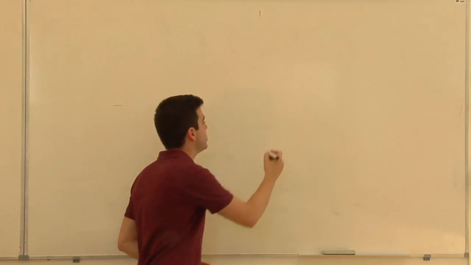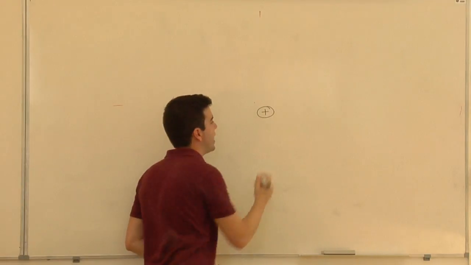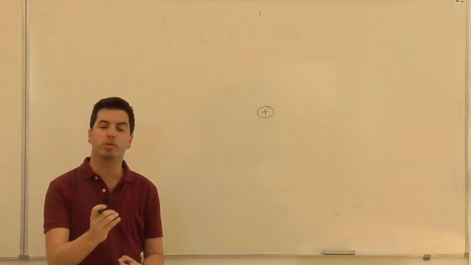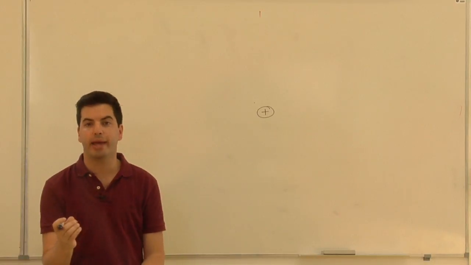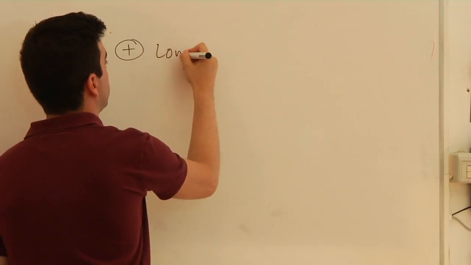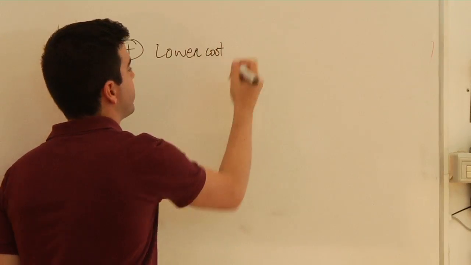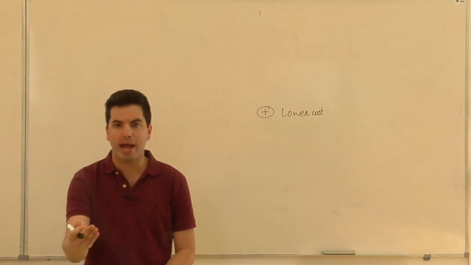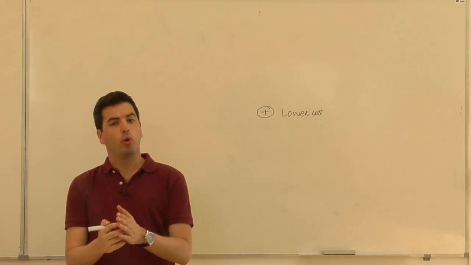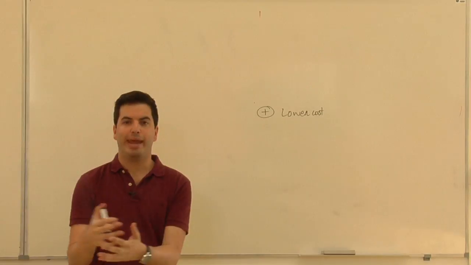So now let's write here the positive impacts of debt. The first one is that debt is cheaper than equity. So debt here has a lower cost. So it is easier to access debt and it is cheaper to have debt. Debt holders face less risk than equity holders.